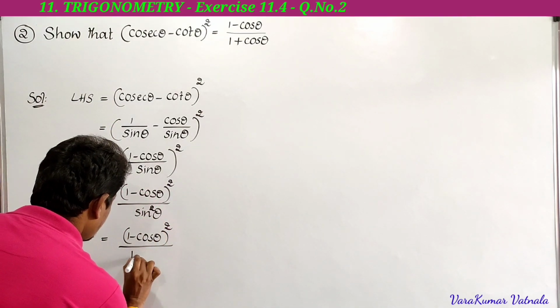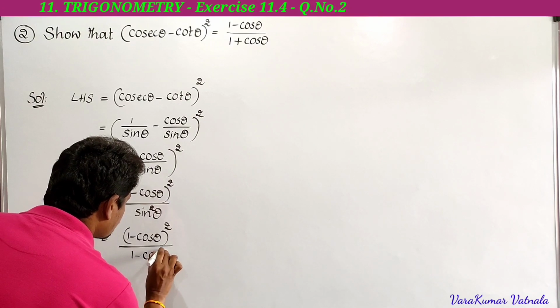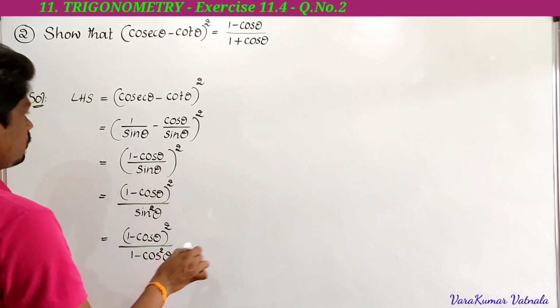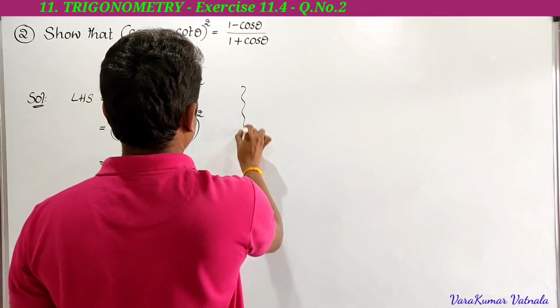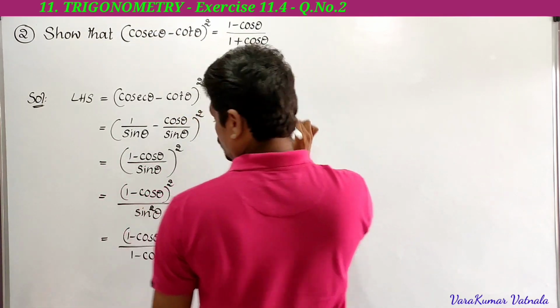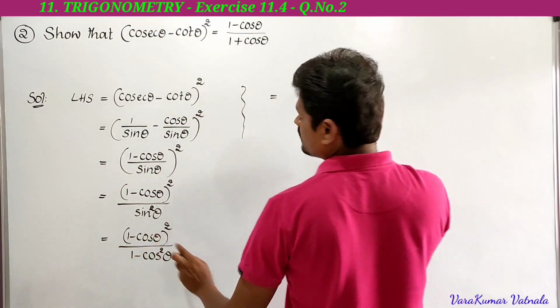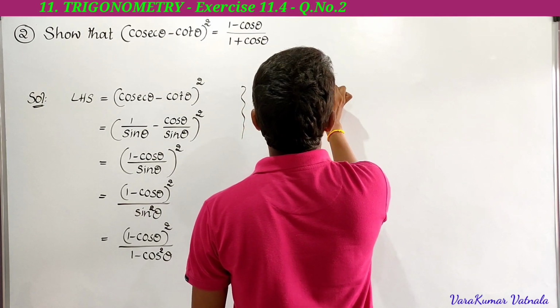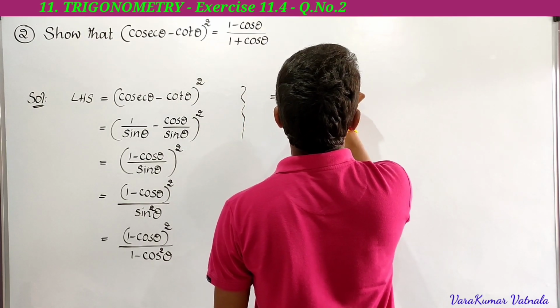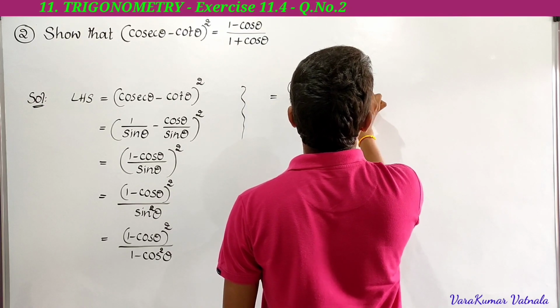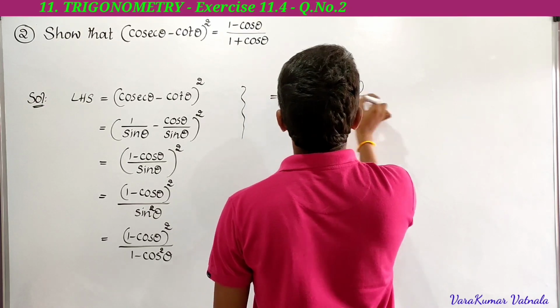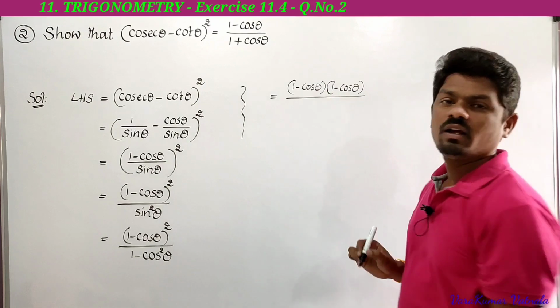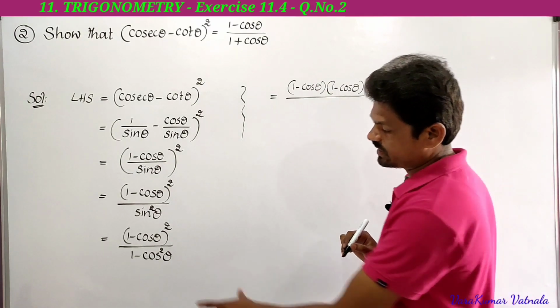So see here what we get. In the numerator, (1 minus cos theta) whole square is there. Since it has a square, I have written (1 minus cos theta) into (1 minus cos theta).